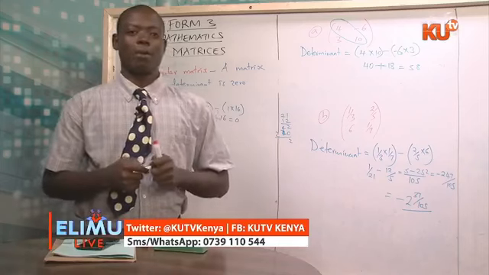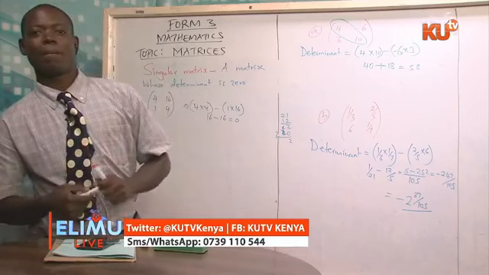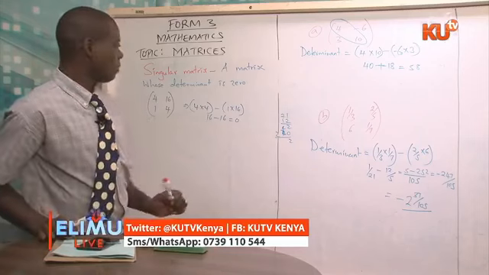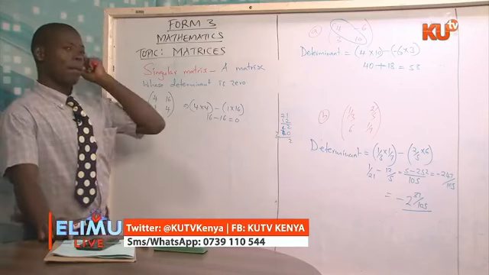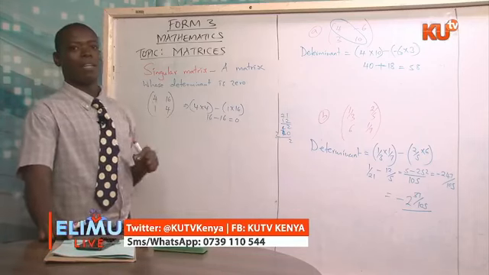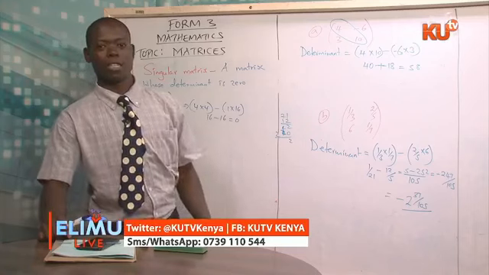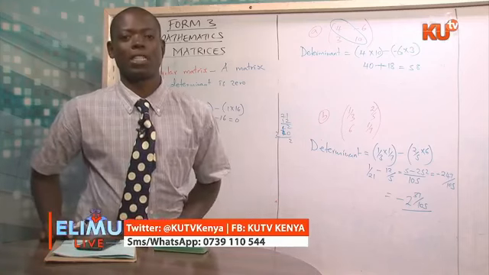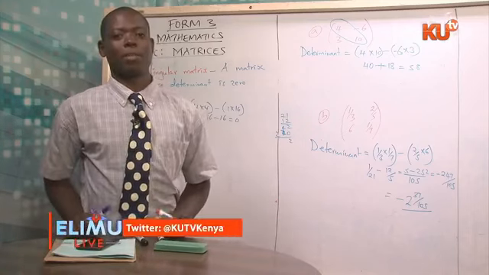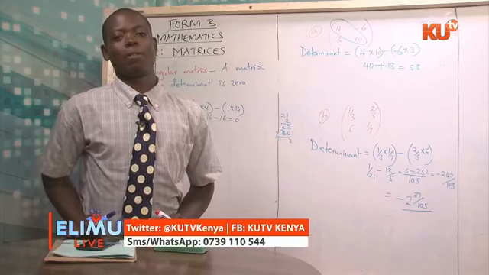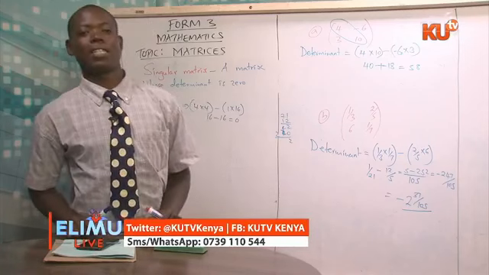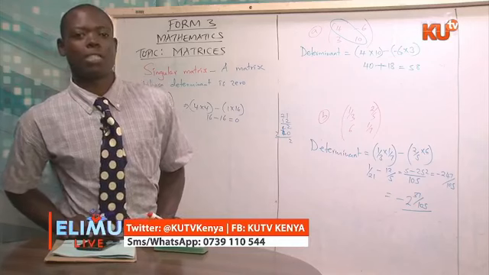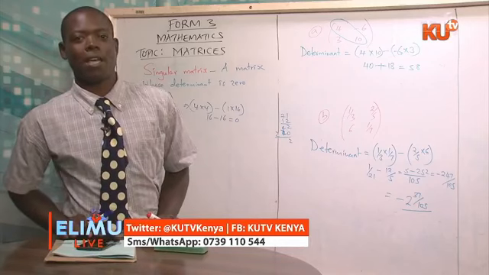But in most cases, questions on singular matrices will not be as such, but we shall have to determine the values for the unknowns in a matrix. And so once the statement singular matrix is mentioned, students, then know that singular matrices refers to those matrices whose determinant is 0.